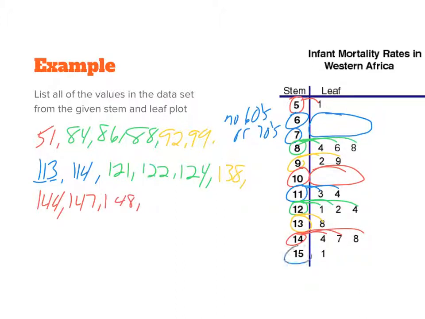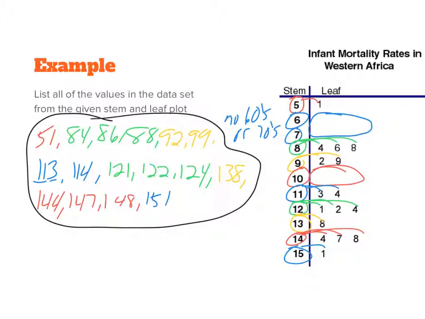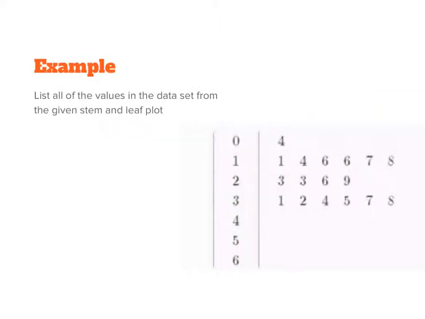And finally, for our stem of 15, we've got a 151. And so these are all of our numbers in our data set. So again, if there are no leaves with the given stem, that means there are no numbers with that stem in the data set. So we left off the 6s, the 7s, and the 10s. Go ahead and pause the video, list all of the values in this data set, and then hit play and see how you did.